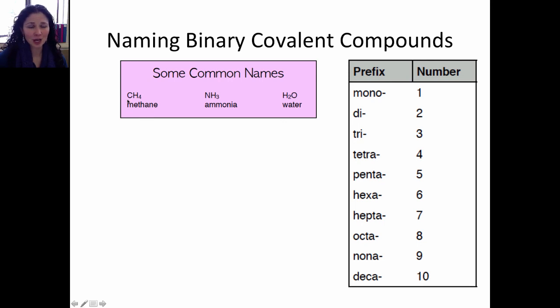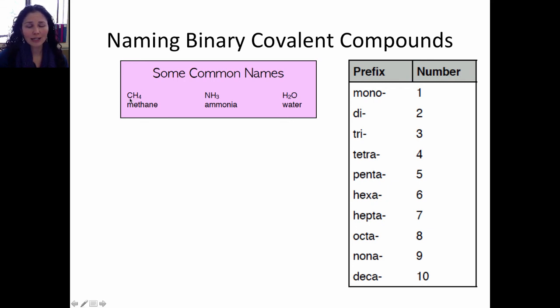But we can also talk about the systematic names. So when you're naming something in the systematic system, you basically just take the name of the element and you name it, and then you use the prefix system to say how many there are, and then you name the second element and you use the prefix system to say how many there are, and you always end the second element in IDE.